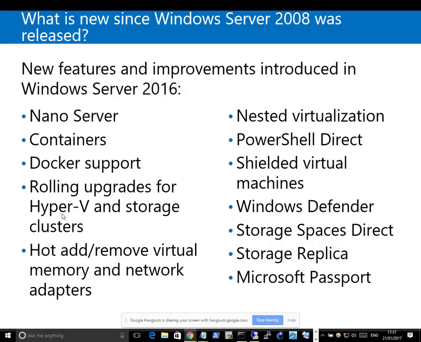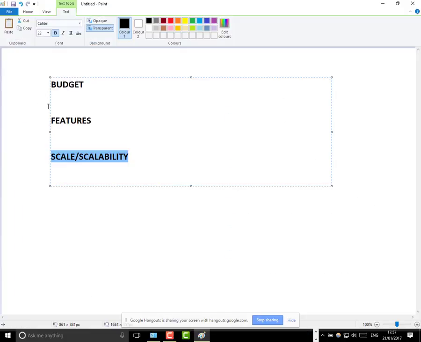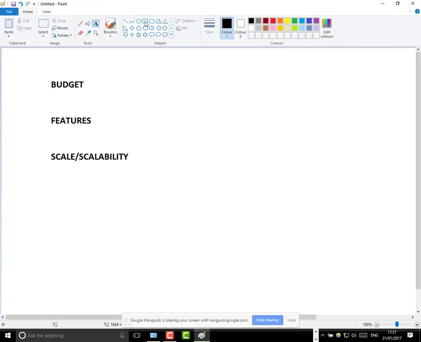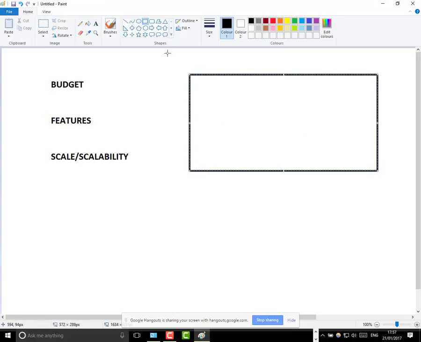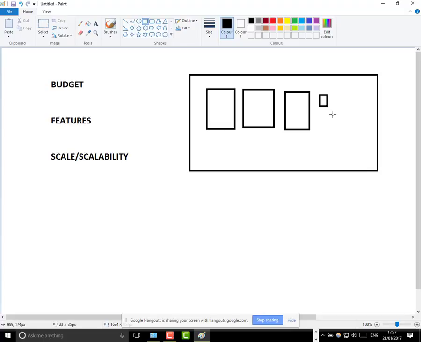Rolling upgrade for Hyper-V and storage clusters. What that means in a nutshell is this. In the past, so let me bring a diagram to quickly demonstrate this. In the past, if you had a cluster of servers, so this cluster is 2008 machines in a cluster. You have 1, 2, 3, 4, 5, 6 machines in this cluster.